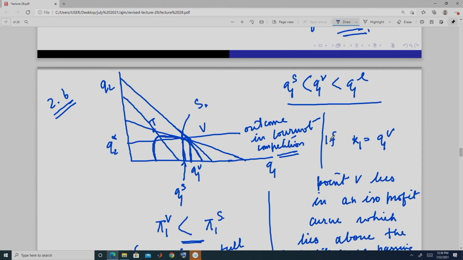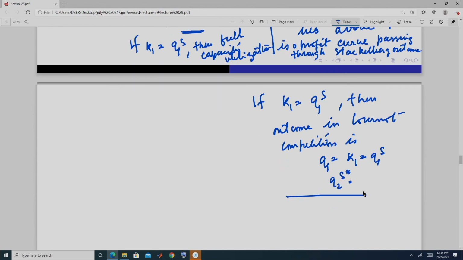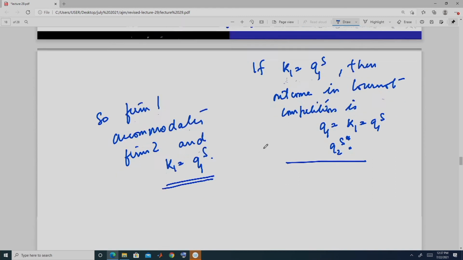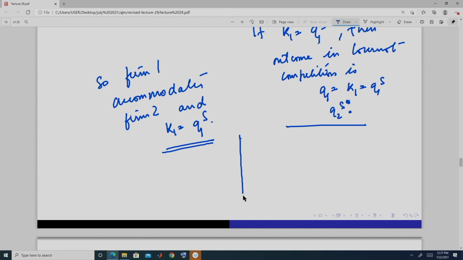But if it produces less, if its capacity is less here, the reaction function will be this. Again it will be at an isoprofit which is higher than this, because at this point it is not tangent. That is why it is optimal for farm 1 again to accommodate farm 2, and K1 is equal to the Stackelberg output, this, and the outcome that we get is something like this.